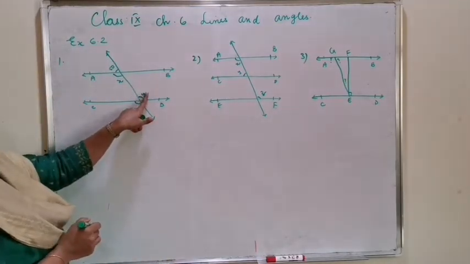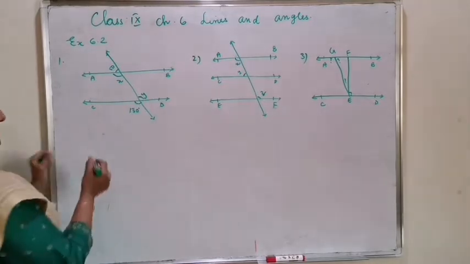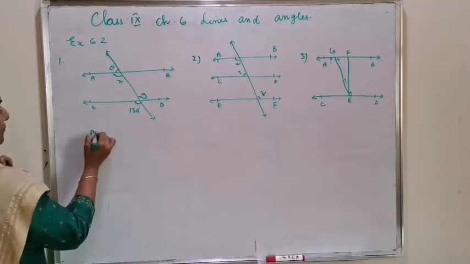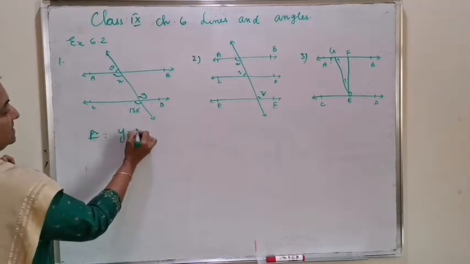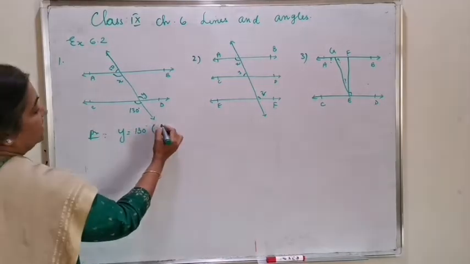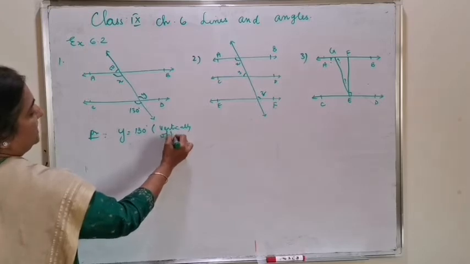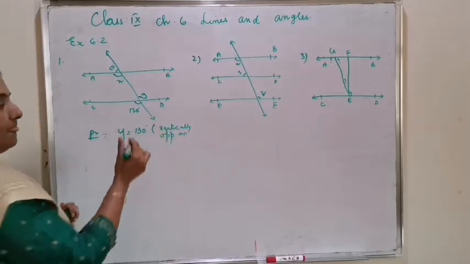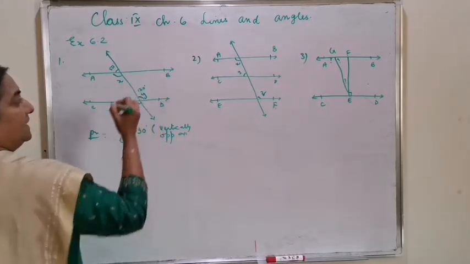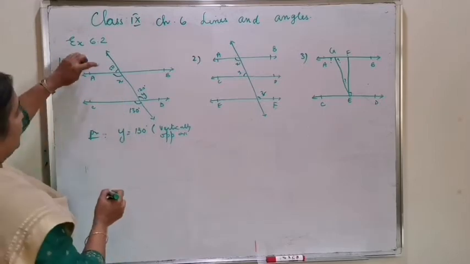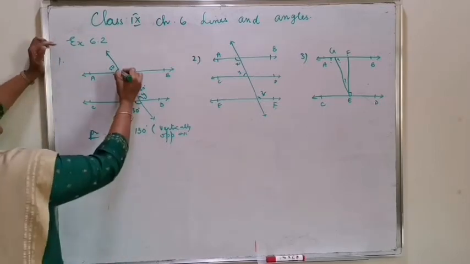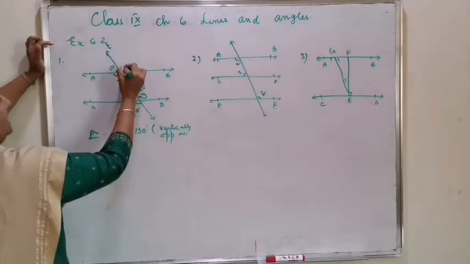If y can be 130 degree, in the proof you can write it as y is equal to 130 degree. The reason can be vertically opposite angles. That can be 130 degree. Similarly, 50 plus x, you can give a letter here.